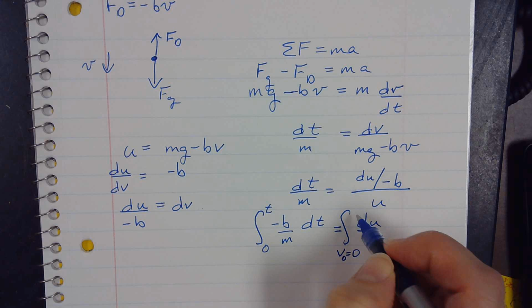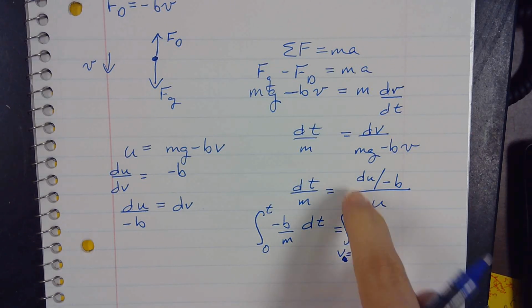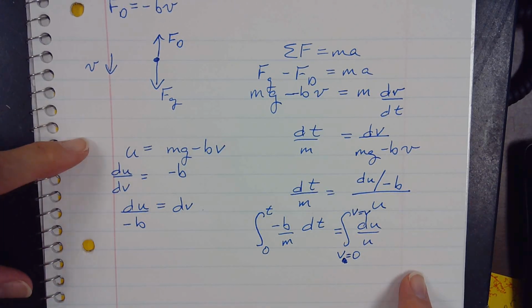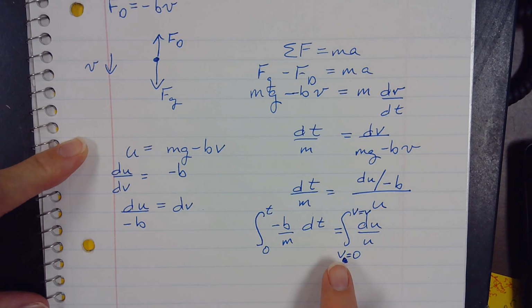And I know my final velocity is v. And I'm writing it as v on the ends because I'm not integrating with respect to v, I'm integrating with respect to u. I'm going to switch back to v before I actually evaluate this side of the integral.